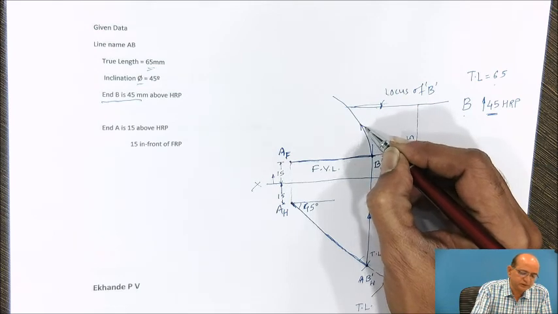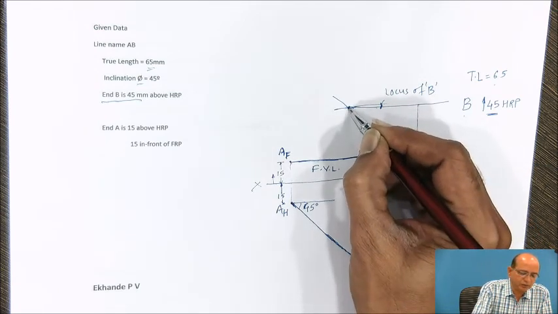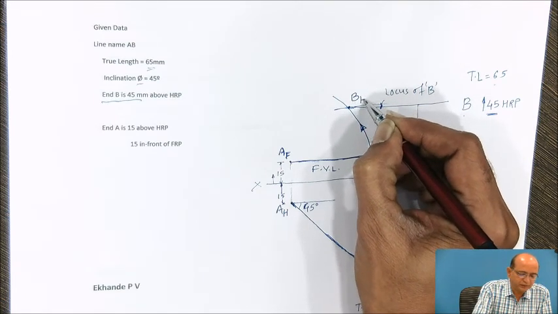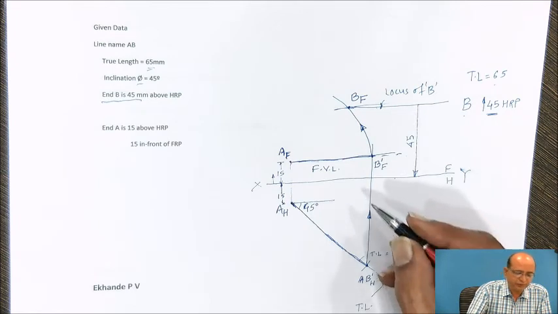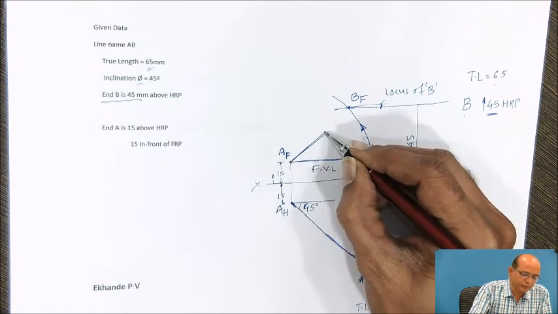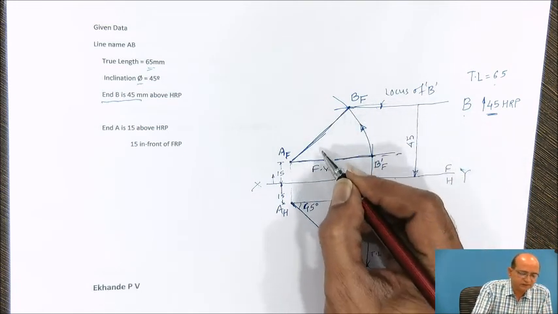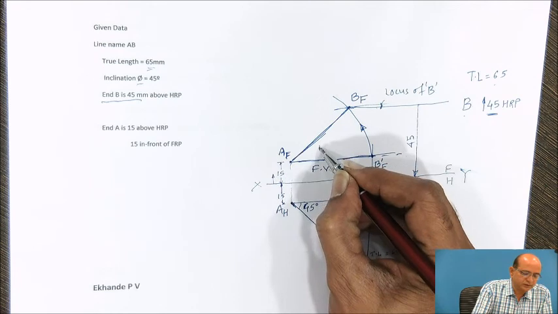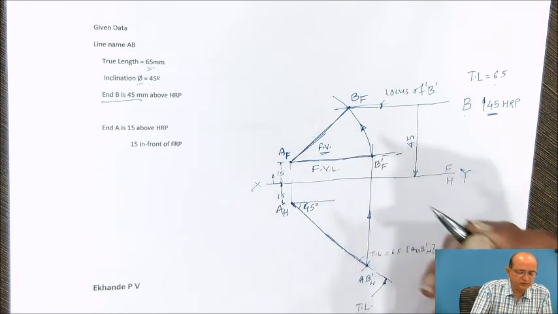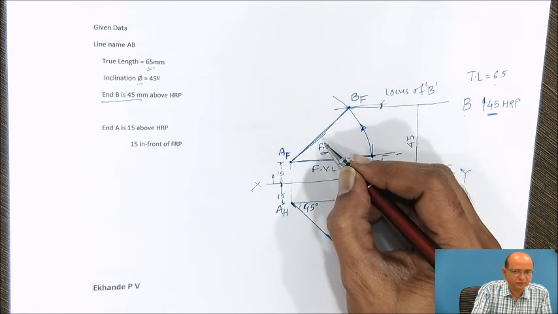So this is the point which we are getting on the locus and the point is called BF. The line connecting these 2 points is front view of the line, and this is the projection on the front view side.